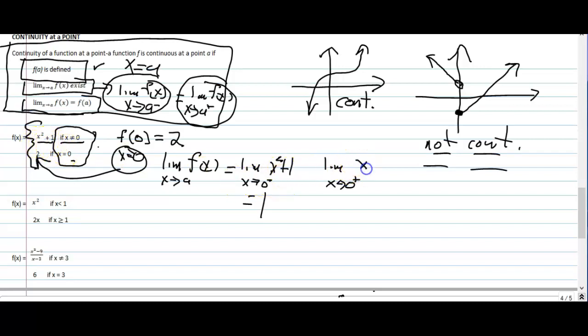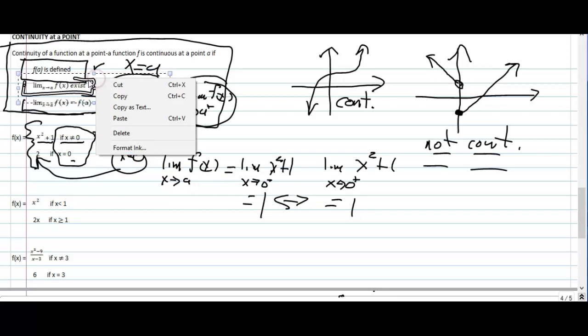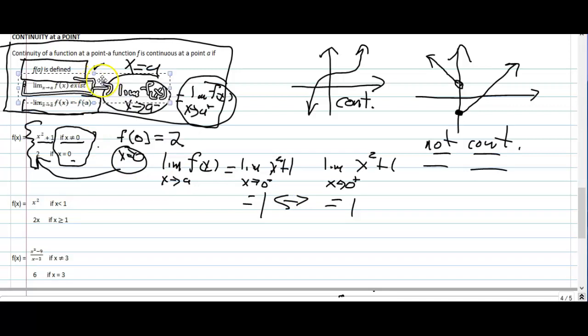So the limit of x squared plus 1 as x approaches 0 from the right is still 1. Substitute 0 in for x. So the left and right limits both exist and are equal to each other. That means the ordinary limit exists.